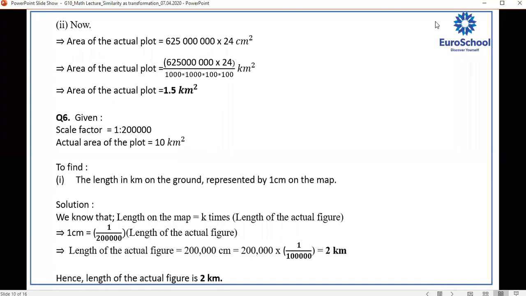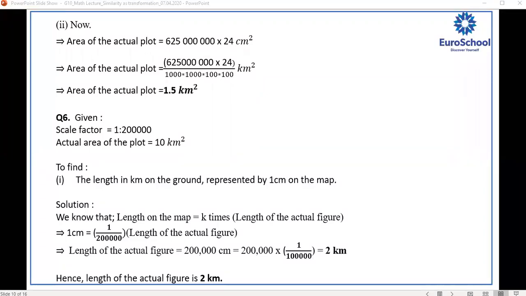We can write 25 into 1000 and 25 into 1000, square, and then 24. Now here we are converting again centimeter square to kilometer square. We did one conversion.